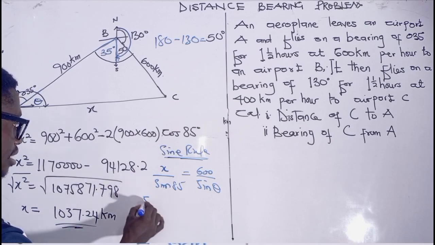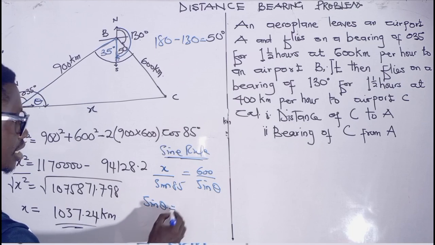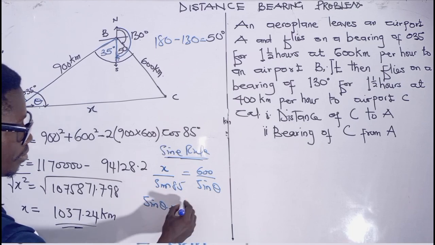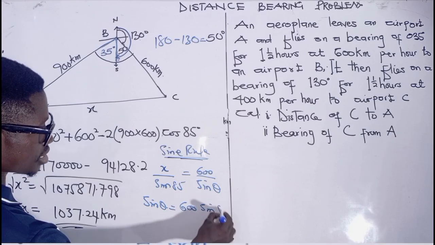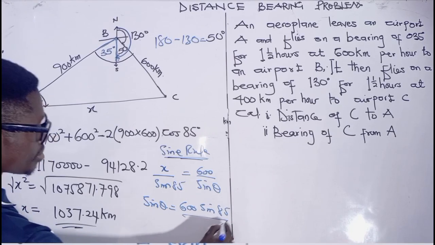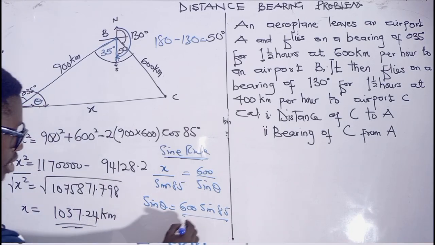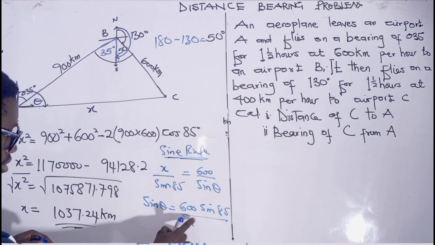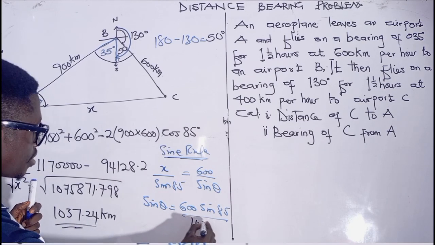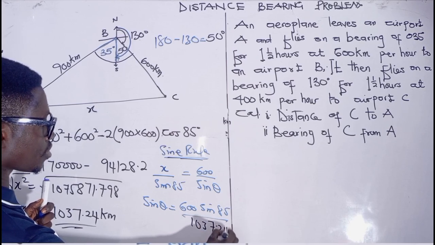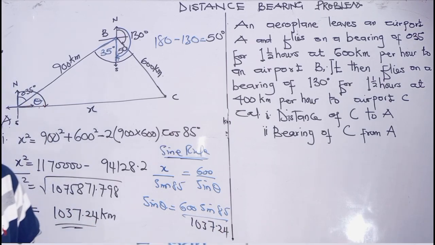So we can say that sine theta is equal to 600 sine of the angle 85 divided by x. Our x is 1037.24.